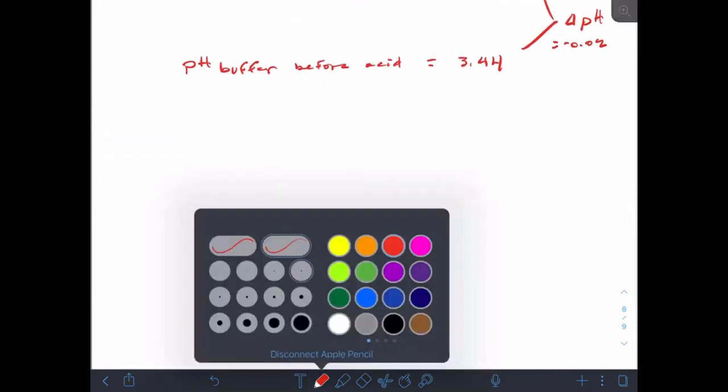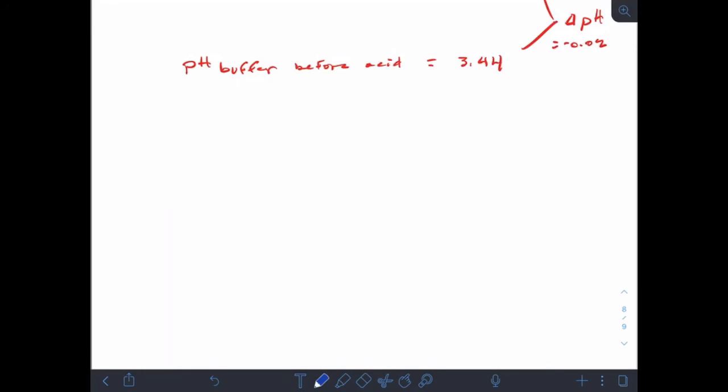Now, buffer ranges. Buffers are not universally able to resist any amount of acid or base, but the buffer range, in quotation marks, is about, and this is not precise, plus or minus 1 pH from the pKa. So if my pKa is 3.14, then my buffer is only going to be good up to about 4.14 or down to about 2.14.